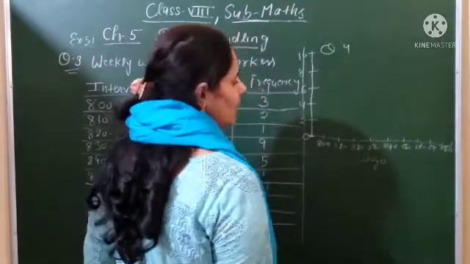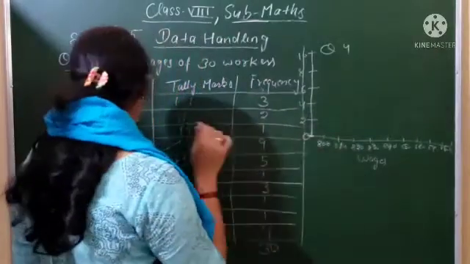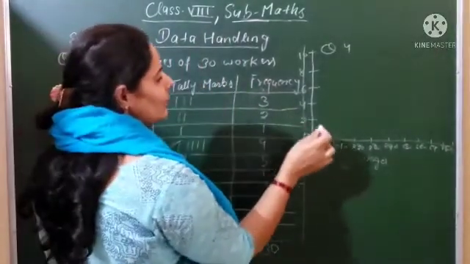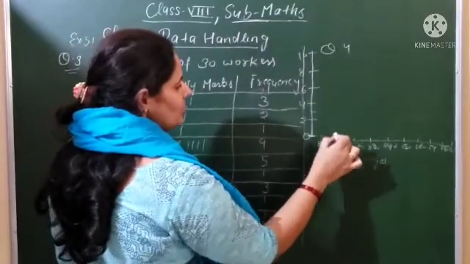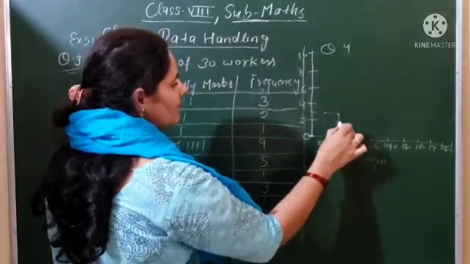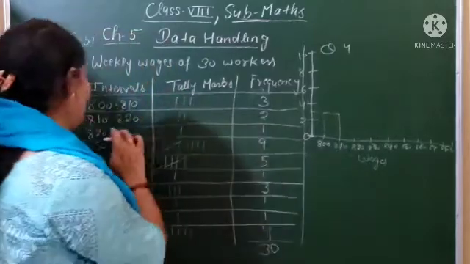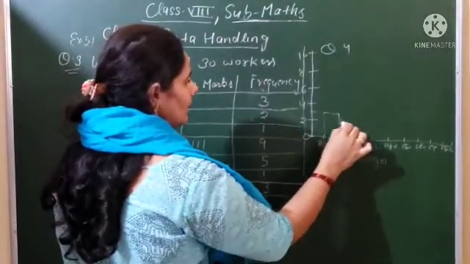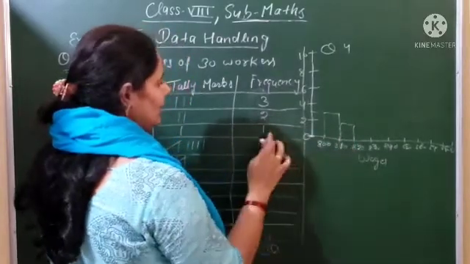What is the frequency of 800 to 810? 3. So 3 will lie between 2 and 4. You will make the histogram bar like that. Now 810 to 820, the frequency is 2. Then 820 to 830 is 1.